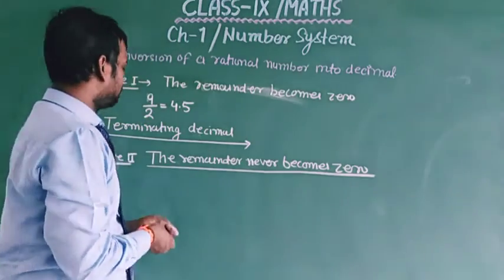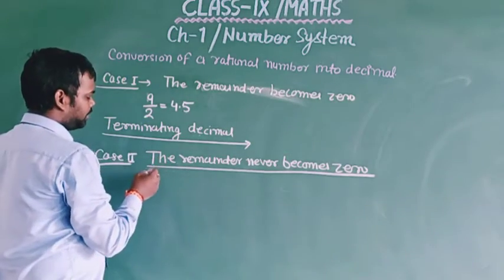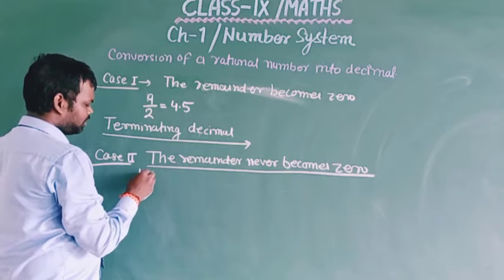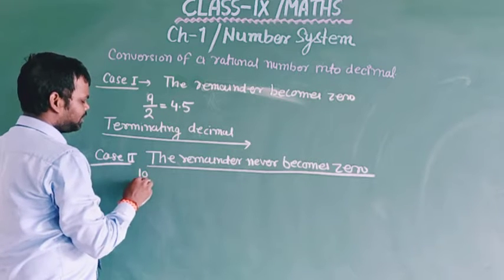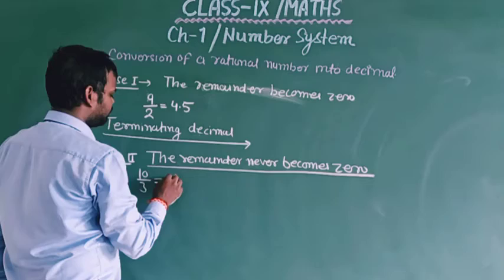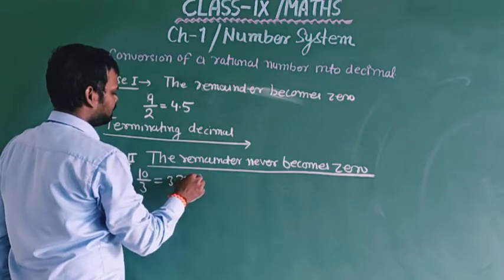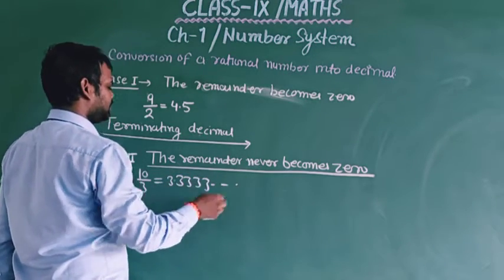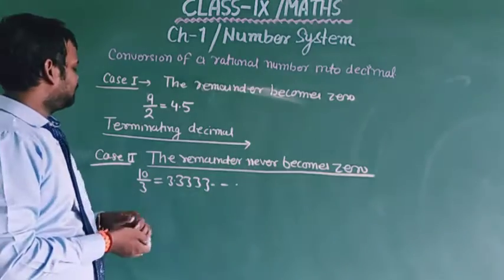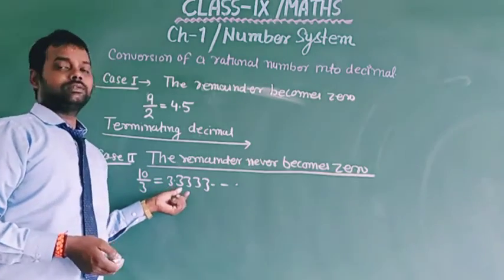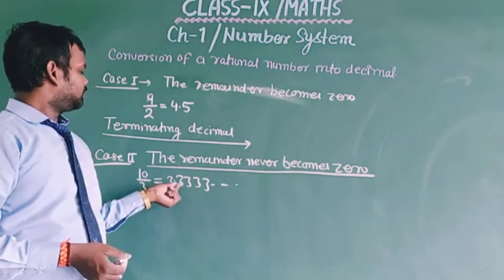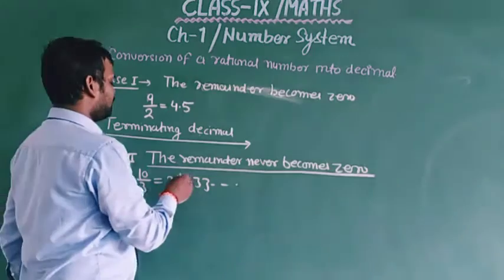So let us see an example. This is 10 by 3. Now dividing, we get 3.3 and so on. Here see the repeating block.